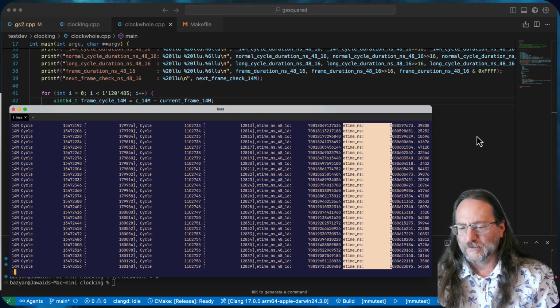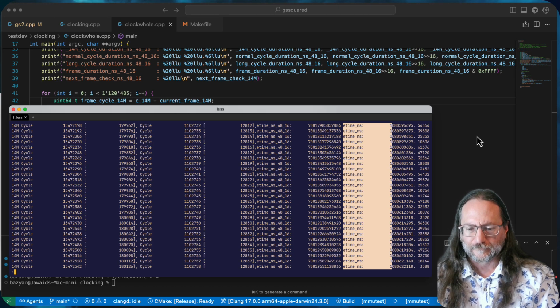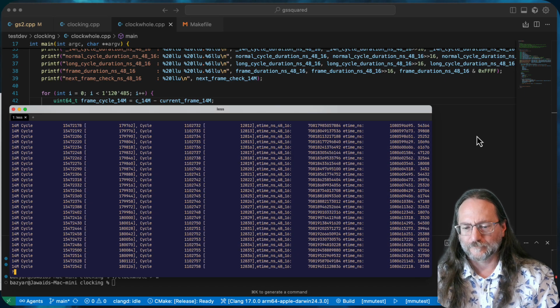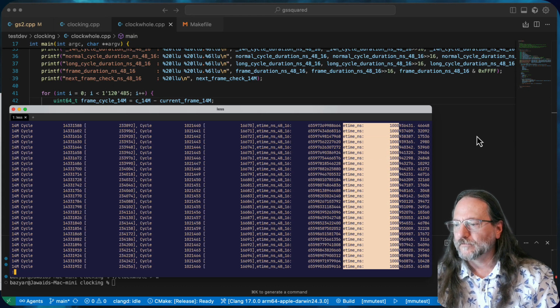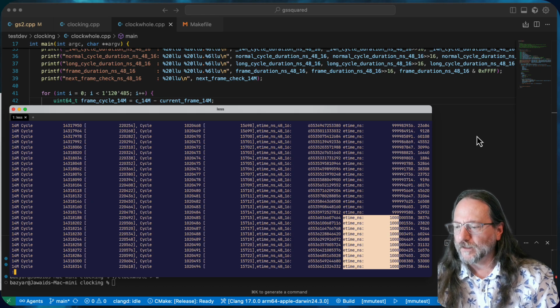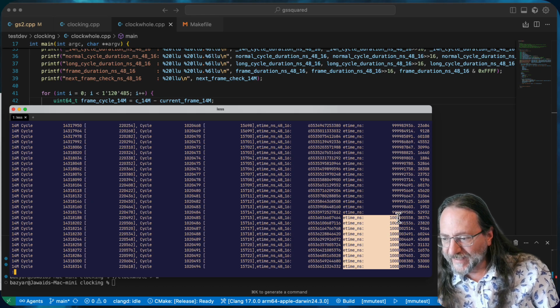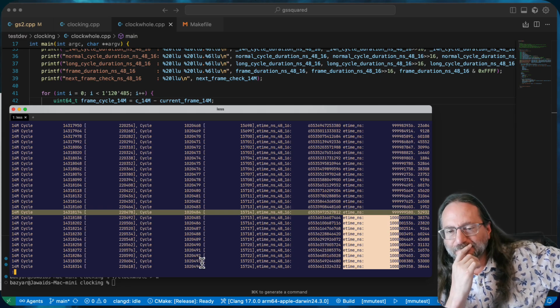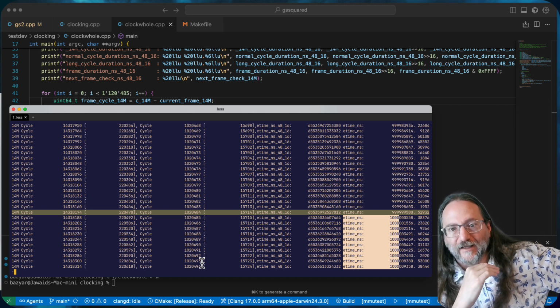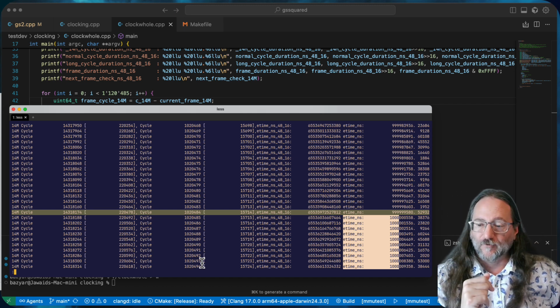There we go. Okay, so this is where 1 second has elapsed, and look at that right there. So that's our effective megahertz rate, right?